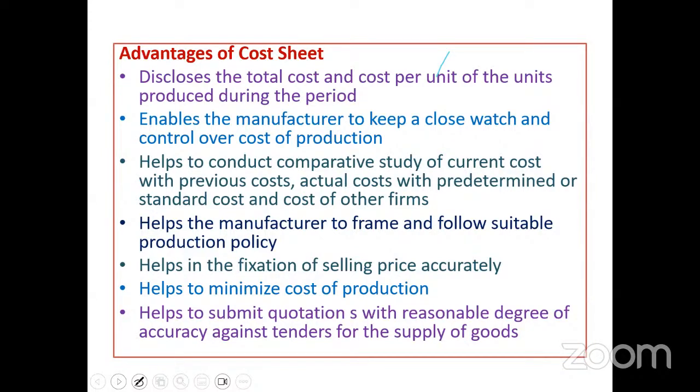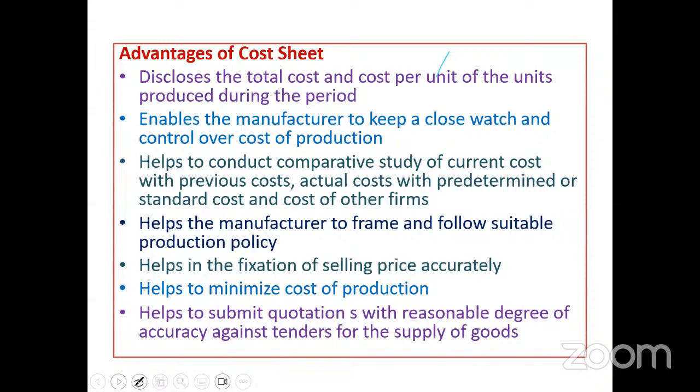Again, it helps to conduct a comparative study of current cost with previous cost, actual cost with predetermined cost, or standard cost with other costs. That means, let's say this quarter our total cost of production is 1 lakh. So we can compare the cost of production of this quarter with the cost of production of the previous quarter or of this quarter last year.